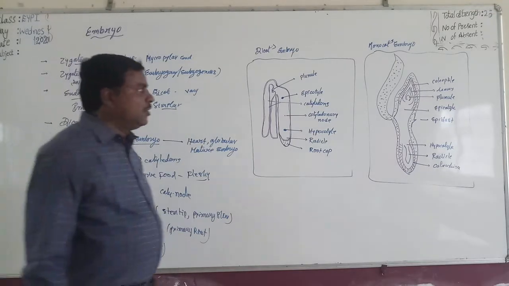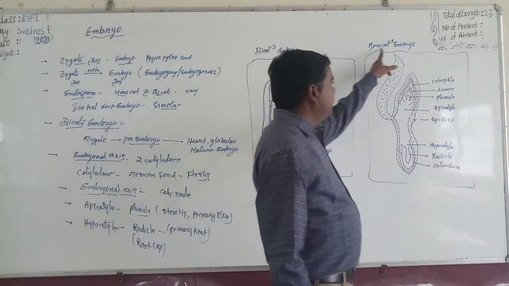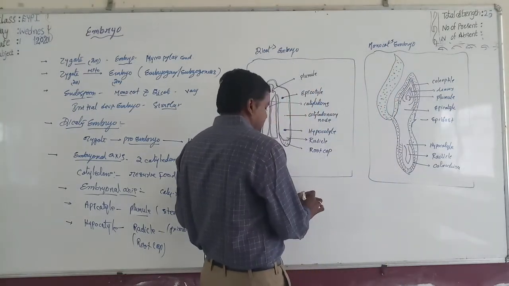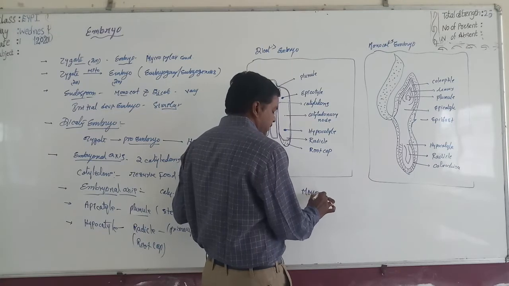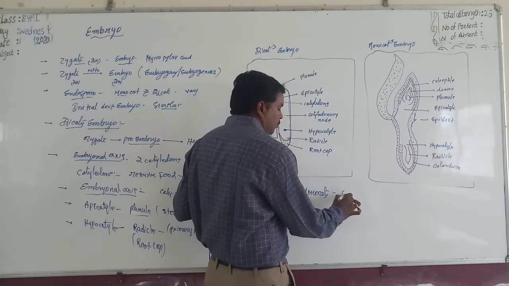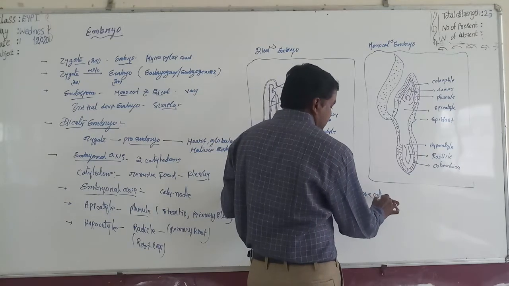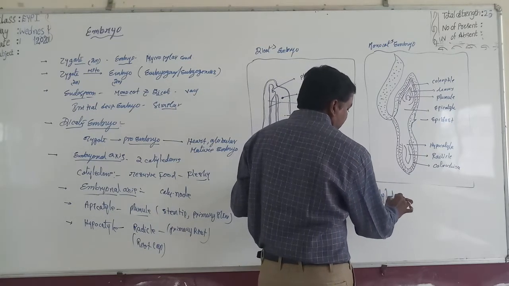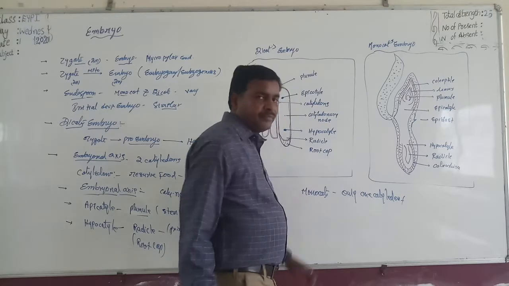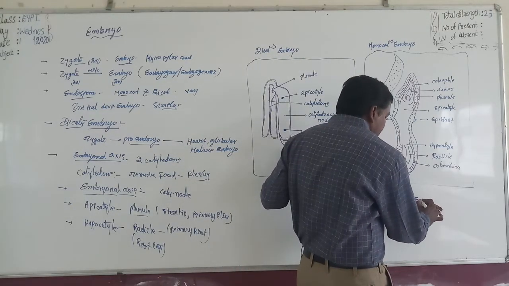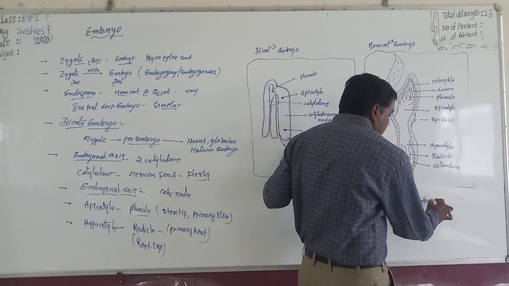Now coming to the monocotyledonous embryo. In monocots, only one cotyledon is there, and this also consists of the embryonal axis.